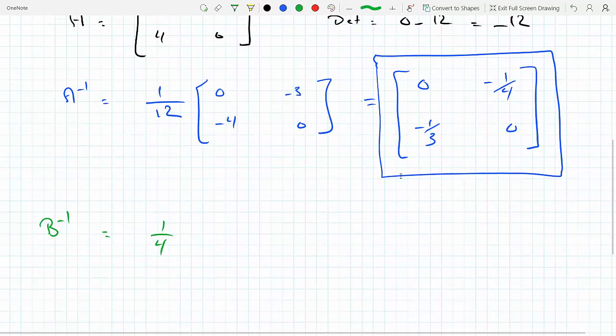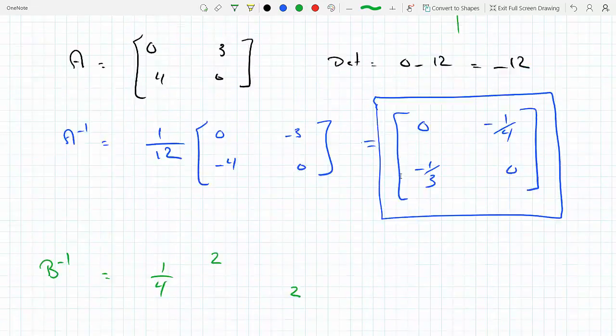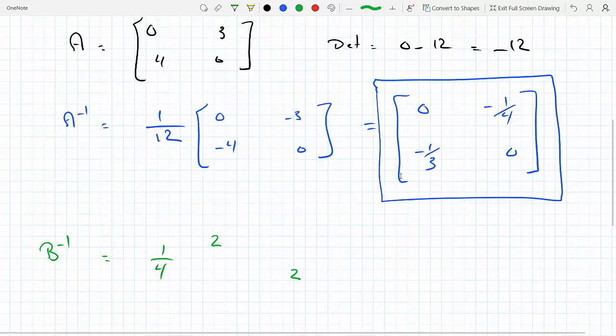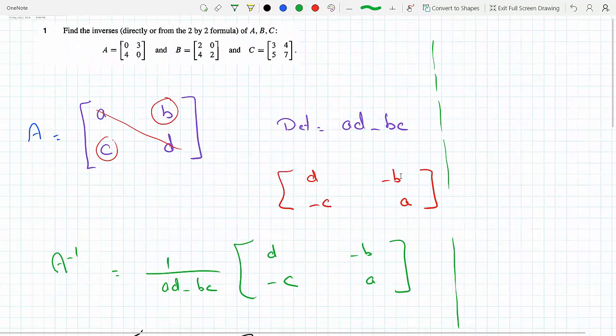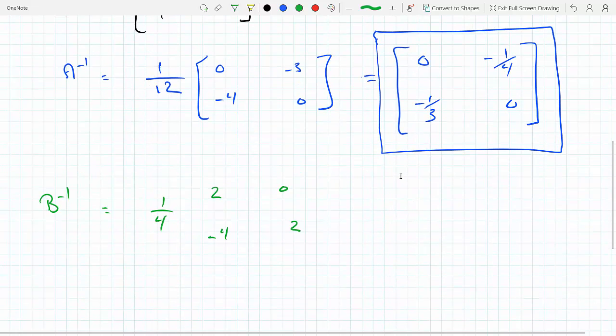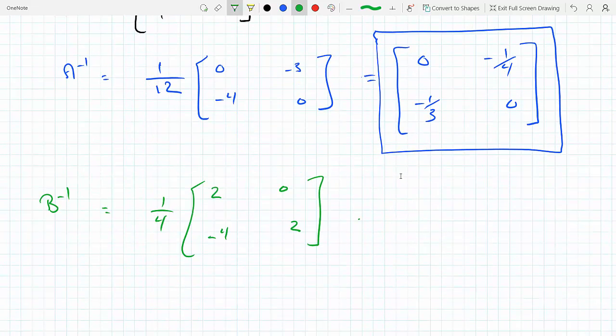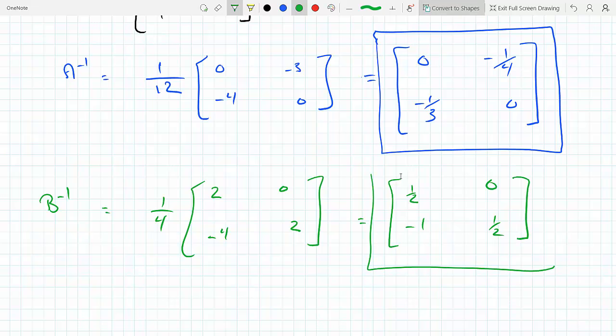When I flip them, they remain the same, and negative sign on 4 and 0, which makes this minus 4, 0. And so I would get B inverse to be a half, 2 over 4 is half, 0, minus 1 half. So this is B inverse.